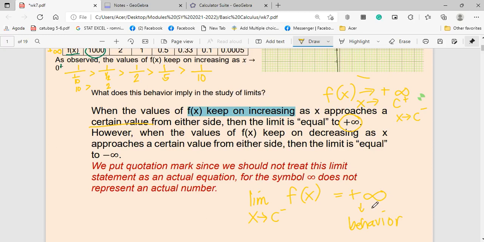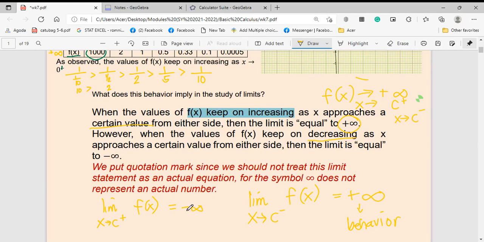How does f of x behave as x gets closer to c from the left, where c is a certain value of x? However, ito naman, when f of x keeps on decreasing as x approaches a certain value, nangyari naman dyan, then limit of f of x, let's say x just keeps on approaching c from the right, then you may say that's negative infinity. And this negative infinity just indicates an endless decrease of numbers, just keep on decreasing.